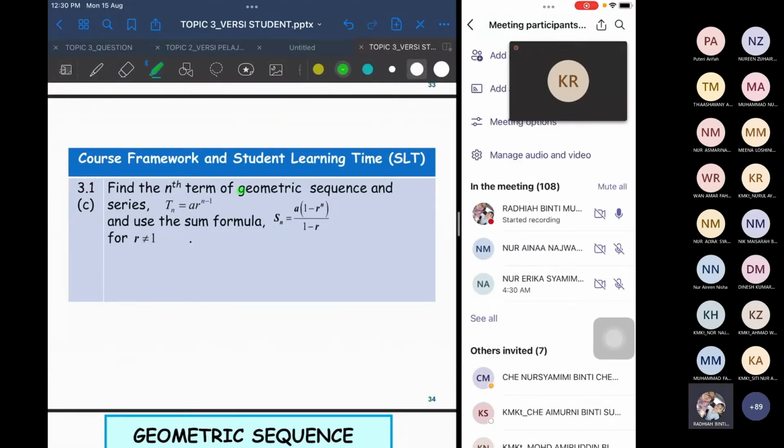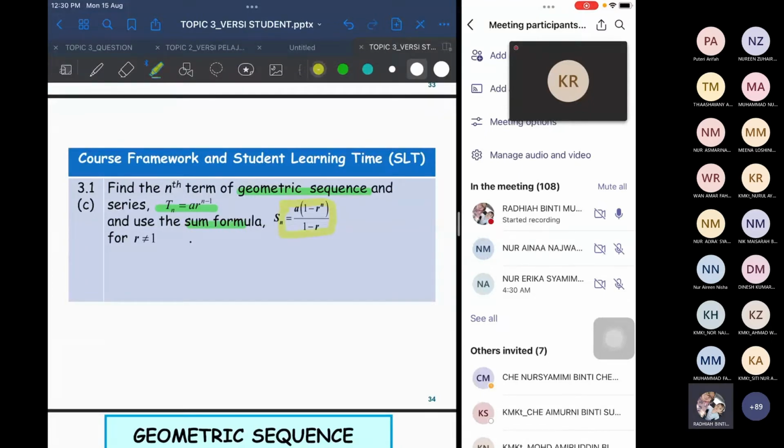Okay, so sekarang kita nak belajar geometric sequence. Tadi kita belajar arithmetic sequence. Lepas tu dia kata dengan kita punya formula of end term adalah ar power of n minus 1, dengan kita punya sum formula kita adalah Sn ni lah.